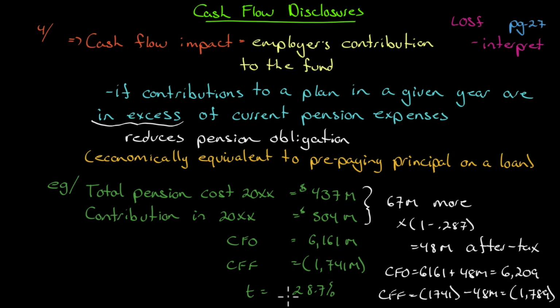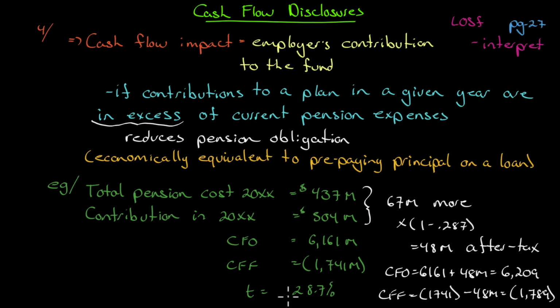We have a tax rate of 28.7%. So since we contributed 67 million more, on an after-tax basis, that's 48 million. So our cash flow from operations, we can increase by 48 million to 6209, and we can adjust our cash flow from financing downwards by 48 million to 1789.